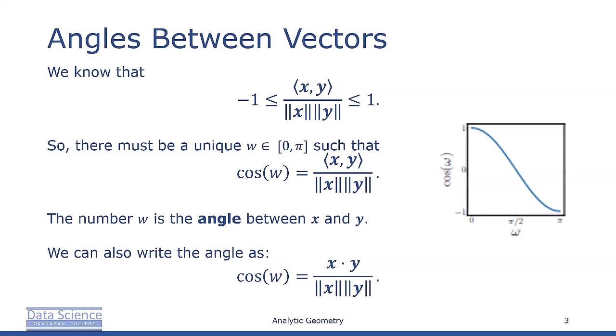So if the norm of x and the norm of y are not 0, then the Cauchy-Schwarz inequality tells us that -1 has to be less than or equal to the inner product of x, y divided by the norm of x and the norm of y, and that has to be less than or equal to 1.